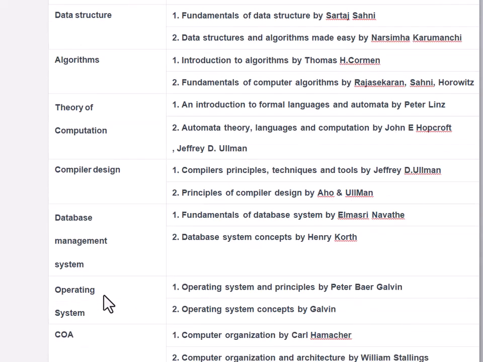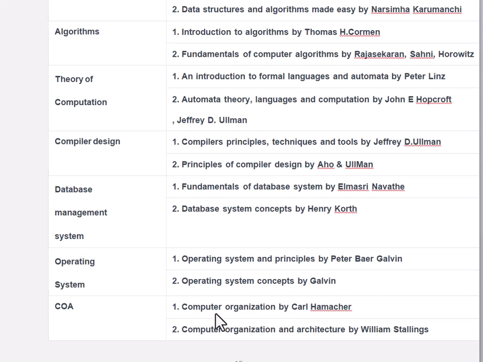Next, Operating System Concepts and Principles by Peter Galvin. Another book is Operating System Concepts by Galvin. Next, Computer Organization and Architecture, that is COA, one book is Computer Organization by Carl Hamacher.